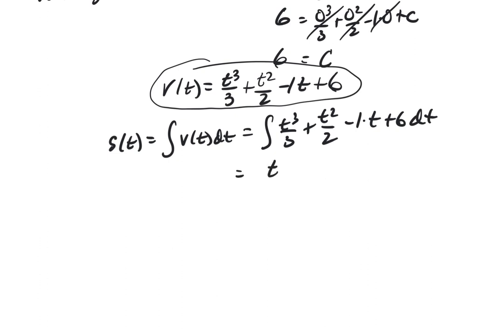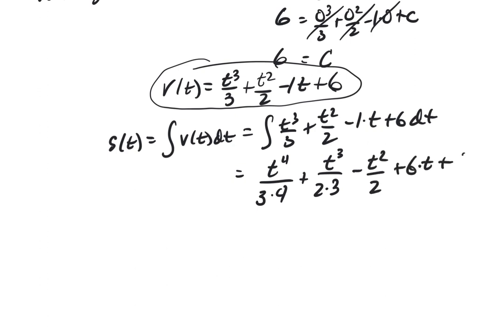So here we go. We already have a 3 down in the basement, so when we add 1 and divide by the new, I'll also have a 4. On the second term, we already have a 2 down in the basement, so when I add 1 and divide by the new, I also have a 3. Then add 1, divide by the new, attach the variable of integration, and add a constant c.